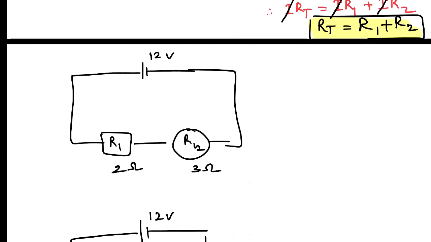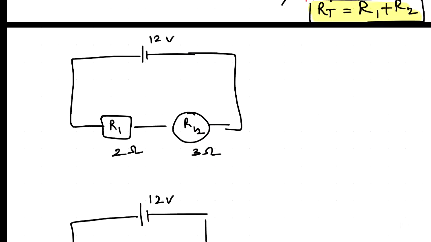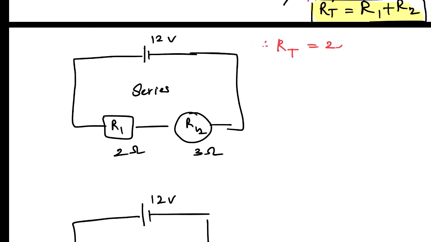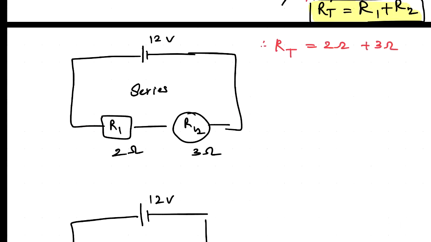So in this case, it is a series system. Therefore, directly you can say RT equals 2 ohms plus 3 ohms, which is going to be 5 ohms. And if they ask you to calculate the current which is flowing through this system, you can take it as I. For the whole circuit, you are applying V equals IR.